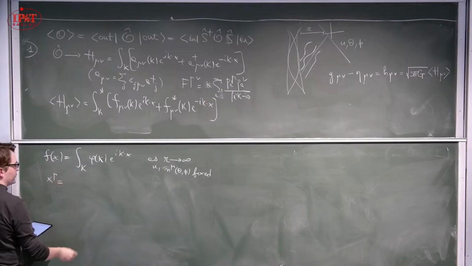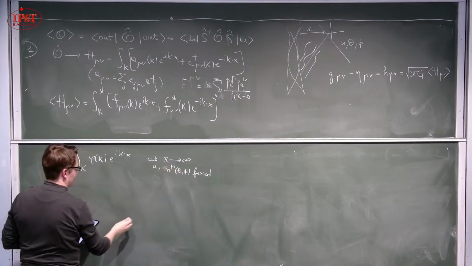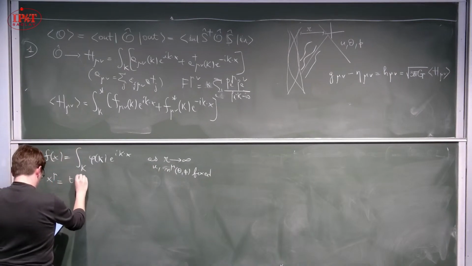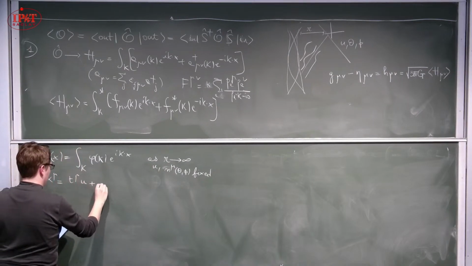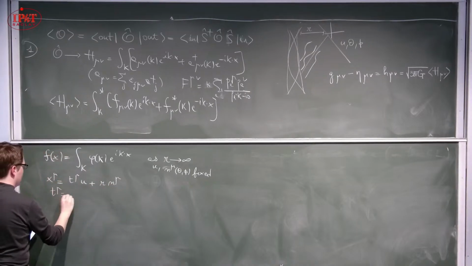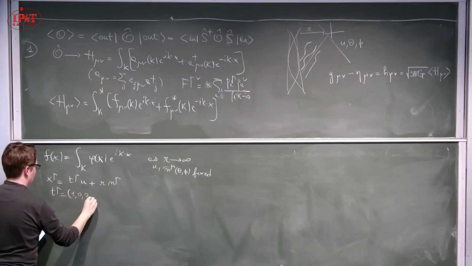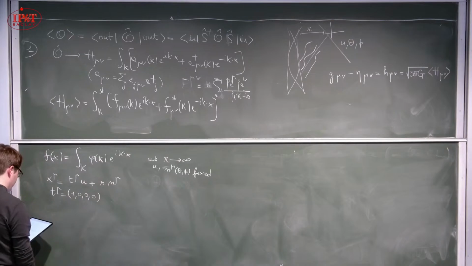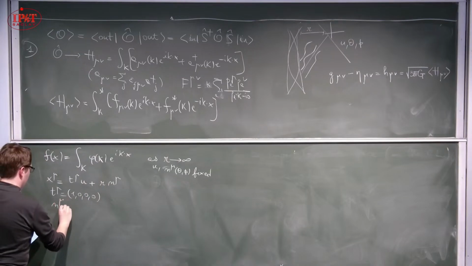One possibility is to do so as follows. First we decompose the Cartesian coordinates in terms of these retarded Bondi coordinates. So this is simply x mu equals t mu times u plus r times n mu, where t is 1, 0, 0, 0, or many zeros if we are in higher dimensions, and n mu is our null unit vector.